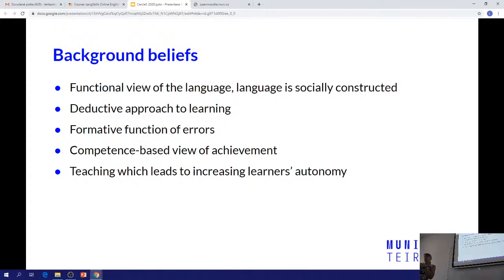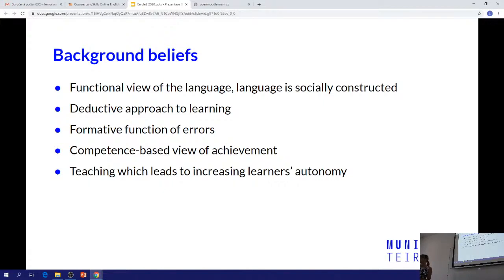We just want to make it clear what kind of beliefs and views we based the course on. It's the views of language and the views of learning. First of all, the functional view of language, where getting the information across is the center, and being able to get the information that one needs.